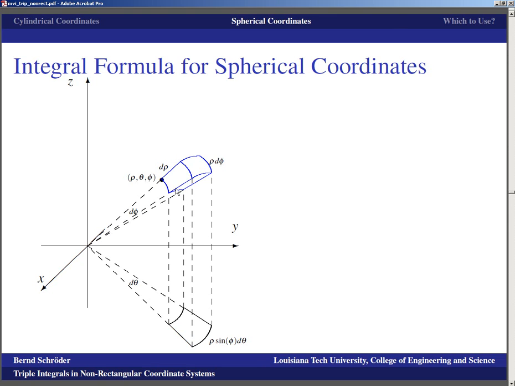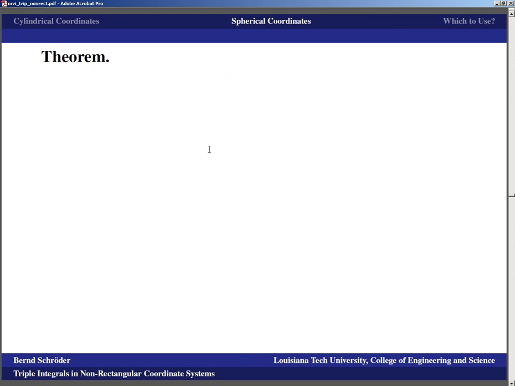And then we have a right triangle, so that means this length over rho is sine of phi, and that means that this length here is rho times sine phi, and then you have to take this length and multiply it with the d theta. Overall, that means that our length up here is rho sine phi d theta.